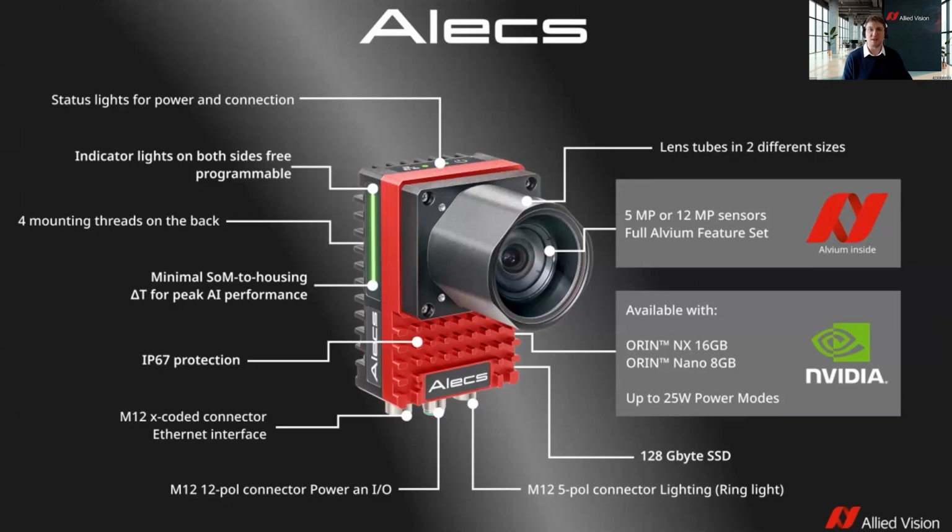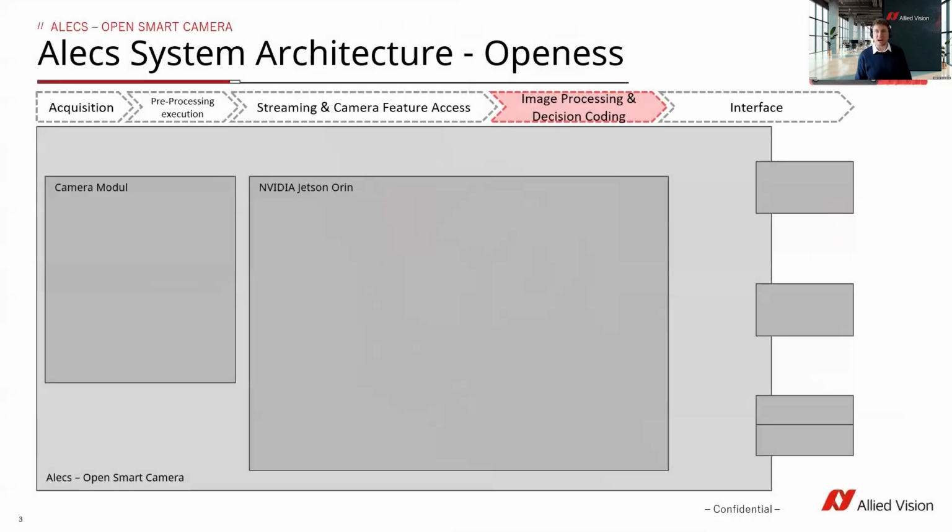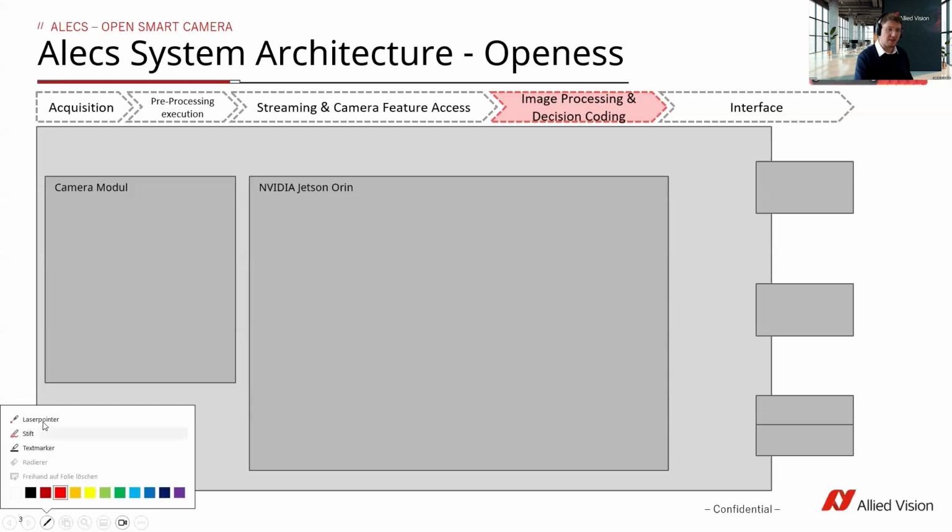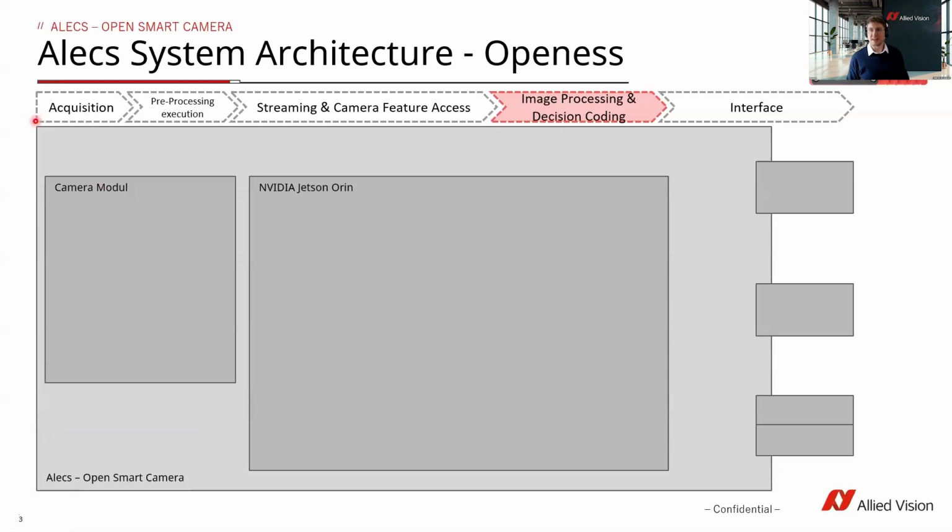Today, I really want to give you an insight into how to use the system architecture to run your software in it, or to run software which you want to use. I start on this slide with the top arrow path, and I activate my laser pointer to show where I am on the slide. Firstly, in each system, and here you see the frame around it is like the smart camera frame, we start with the acquisition part.